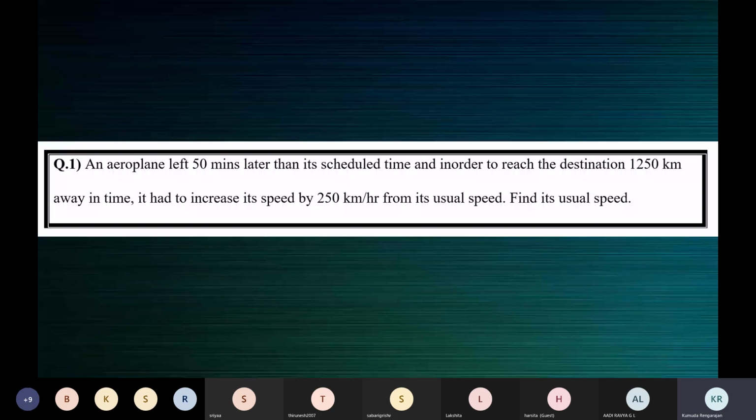Okay, now in case 2, what's the distance? 1250. And what about the new speed? X plus 250. So now what is the time taken in this case?